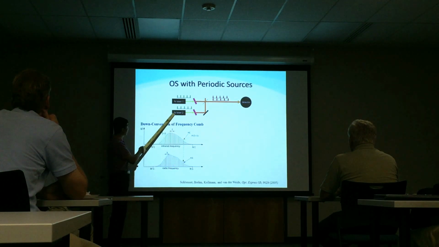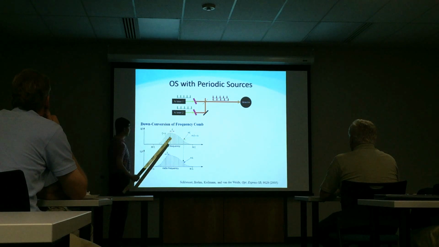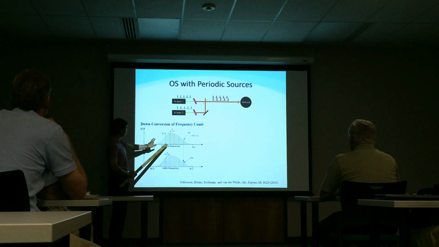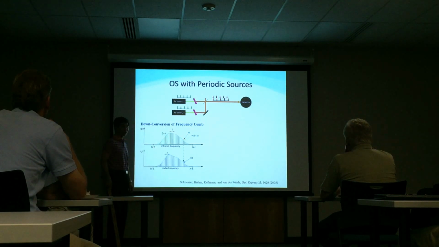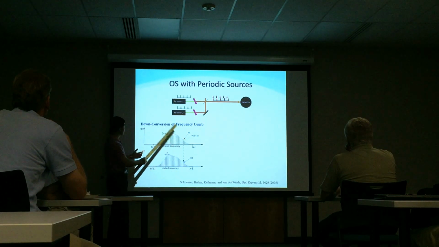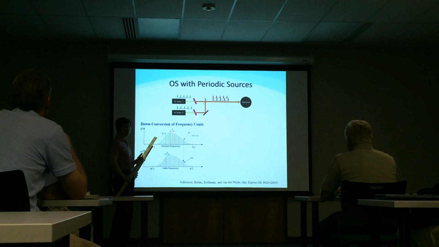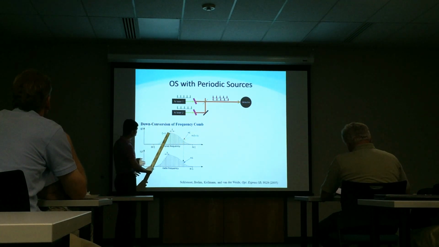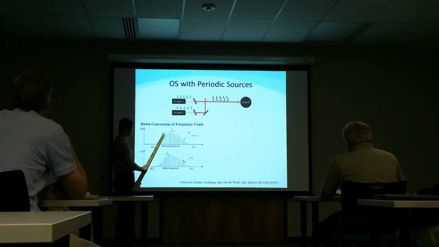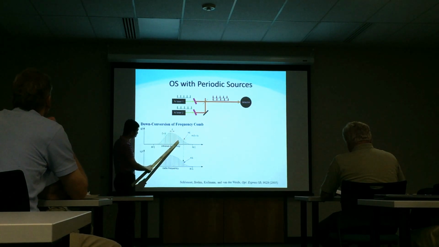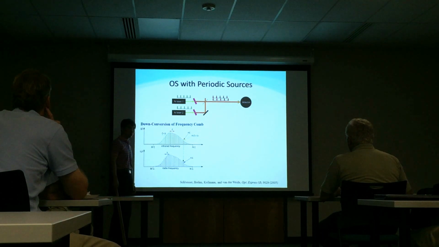But because of the repetition rate offset, you see the comb spacing between this laser and this laser is slightly different. So in the frequency domain, assuming these are two identical lasers, except their repetition rates are different, you can see this red spectrum and this green spectrum, they're pretty much identical, except their comb lines are slightly different.